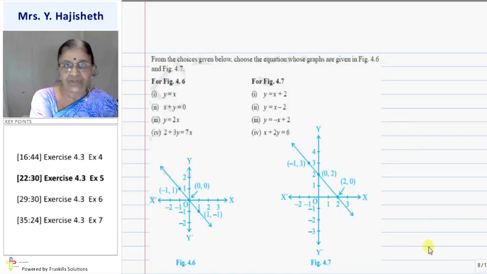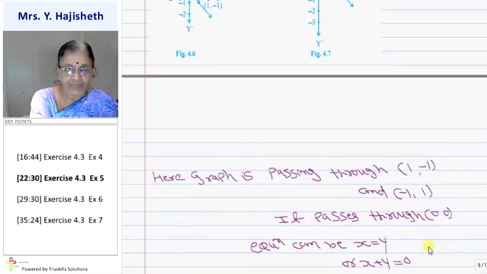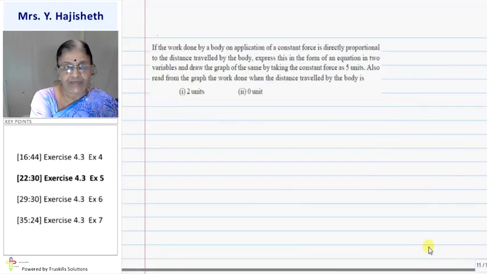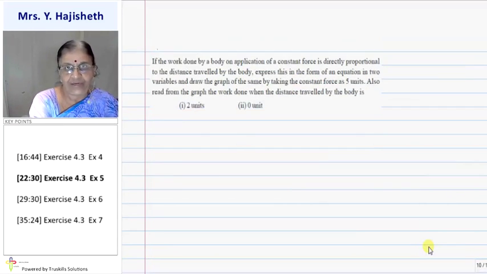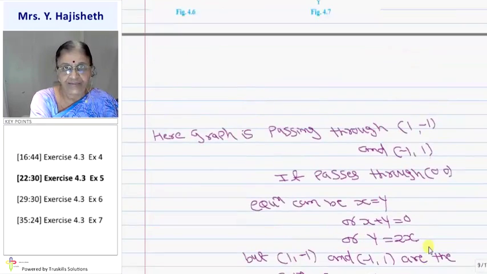So my equation y is minus x plus 2 is passing through all those 3 points given in the graph. The highlighted points are satisfied by both these equations.